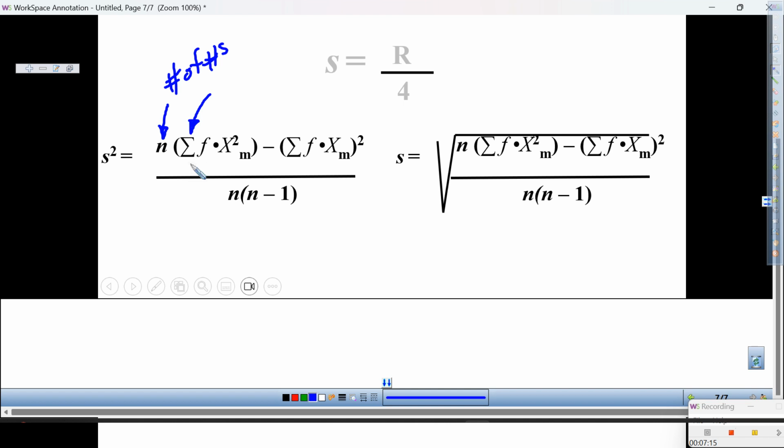Everyone, sigma stands for sum, yes. How about this symbol? Everyone, frequency, yes. Times, what does the X with a sub M stand for? By now you should know. Talk to your neighbors, see if they remember. X sub M. Joe, pass someone. Diego. M.